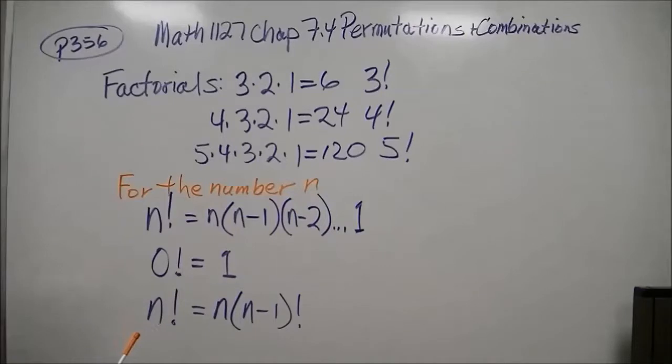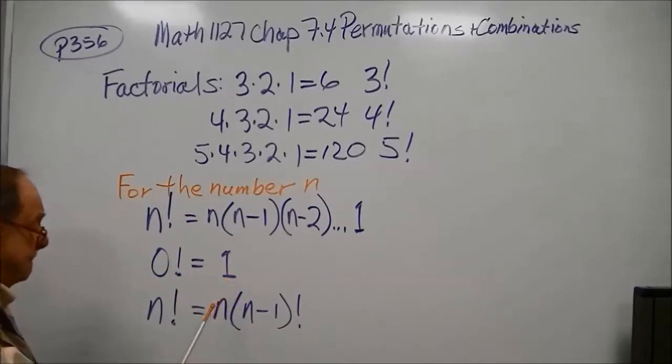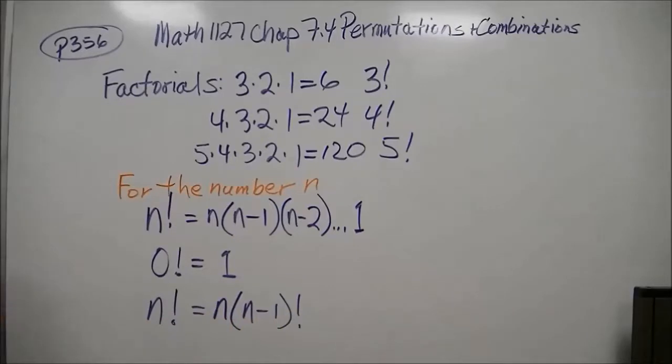An interesting point is that 0 factorial happens to be 1, and 1 factorial is 1. You might think that this is 0, but no. 0 factorial, by definition, is 1. So this sort of gives us our general formula.